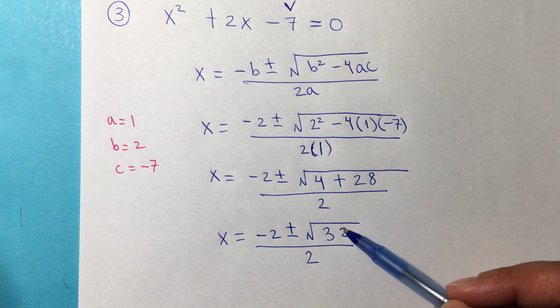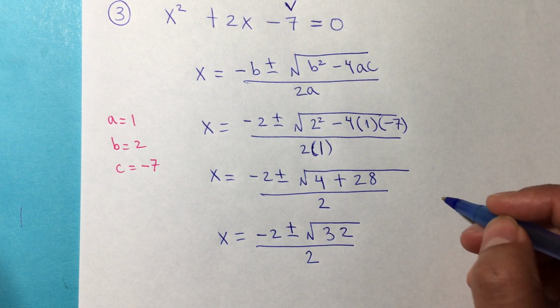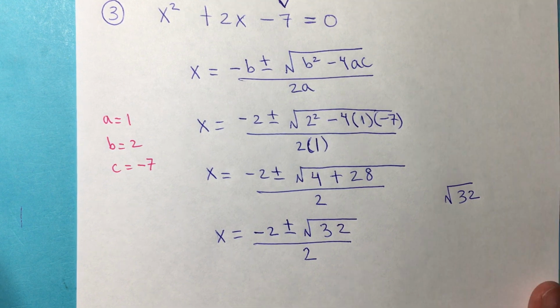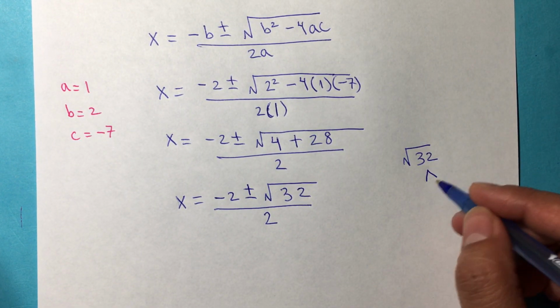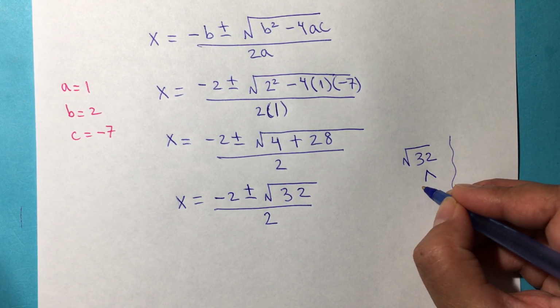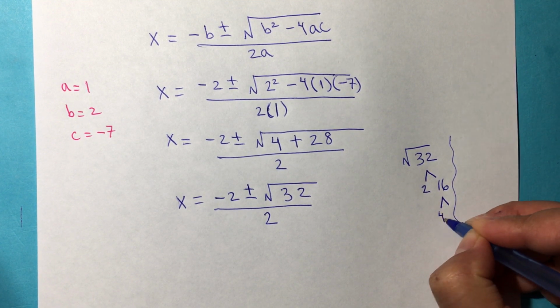In here, this is not a perfect square. We cannot simplify it to a whole number. However, we can simplify it because if we factor it, I'm going to do it 2 different ways. The easiest way is to do 2 times 16, and then the 16 is 4 times 4.